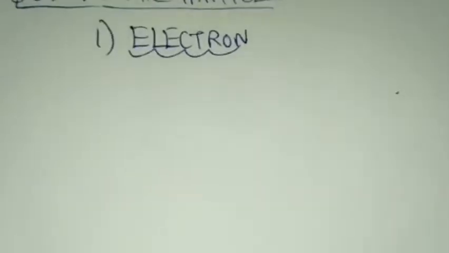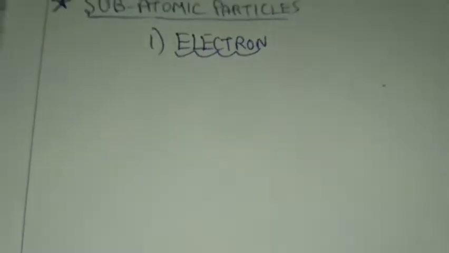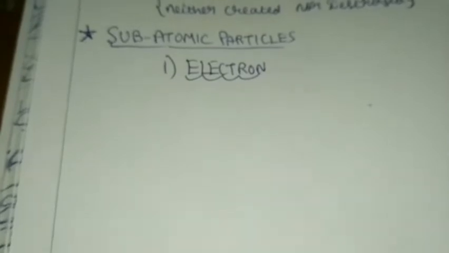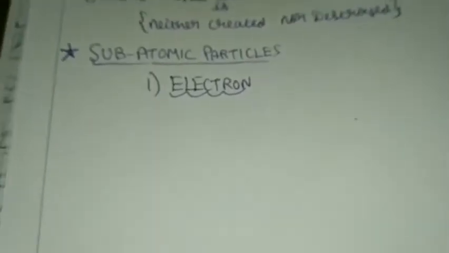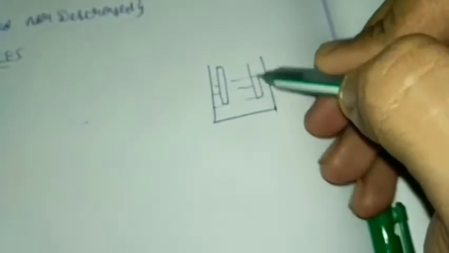Moles is the number of particles that were liberated by the decomposition of the electrolyte, depended upon a certain quantity of electricity which is passed. Basically, what happens in the electrolysis process? You take an electrolyte solution, and this is the cathode and anode.